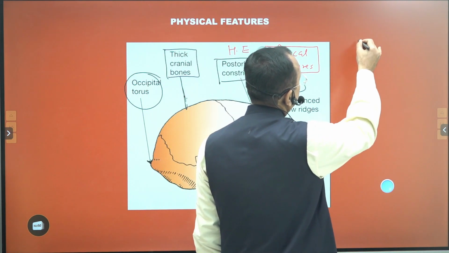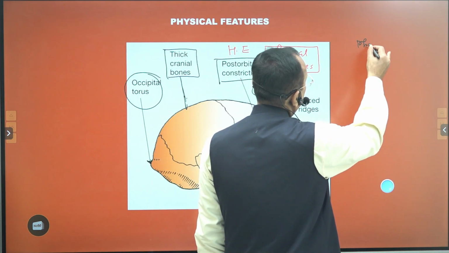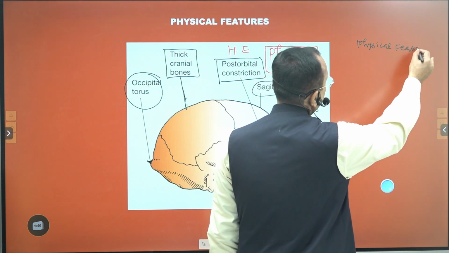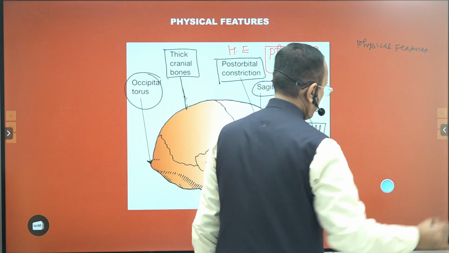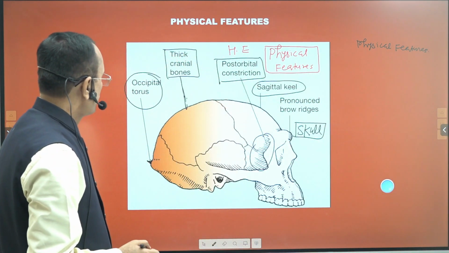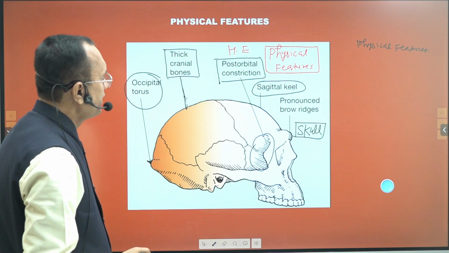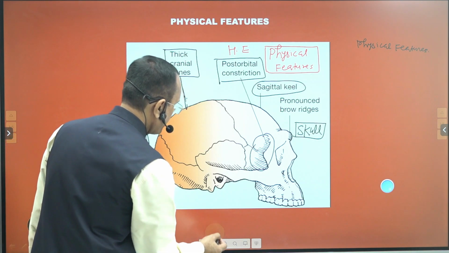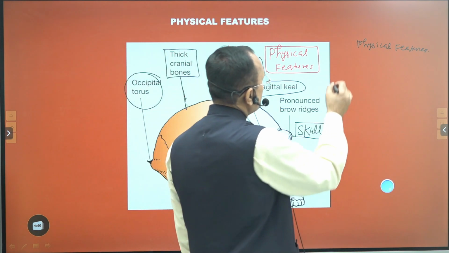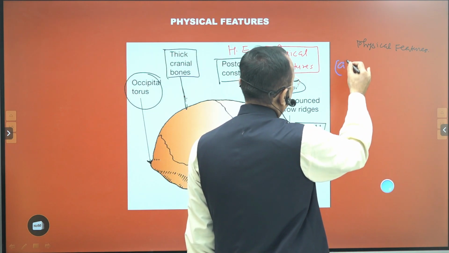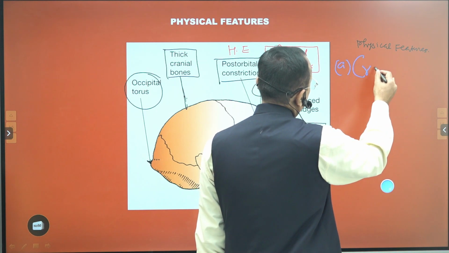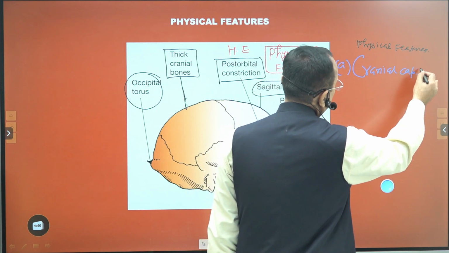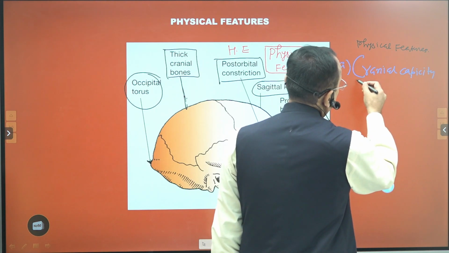As for example, if you want to write the physical features of Homo erectus, first important point, you have to write about its cranial capacity, right? Cranial capacity. This is very important.